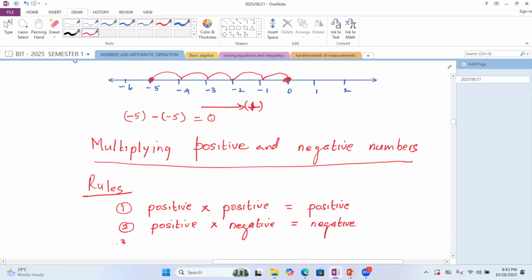The third one, negative multiplied by positive. That is also negative.